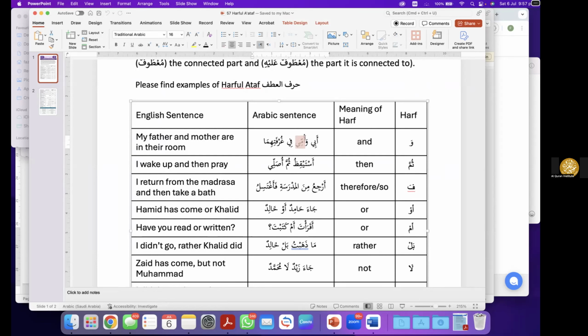Waw, harf ataf, connects ma'tuf with ma'tuf ala. This is connected to ma'tuf ala. Ala means to. So what is this called? Ma'tuf. And what is this called?